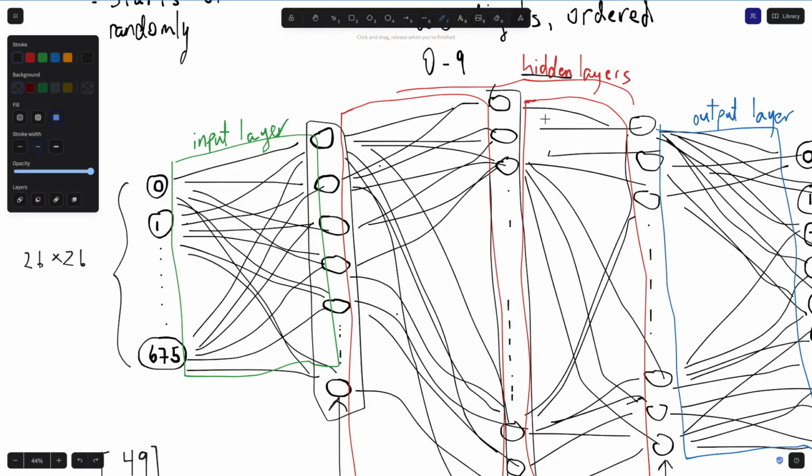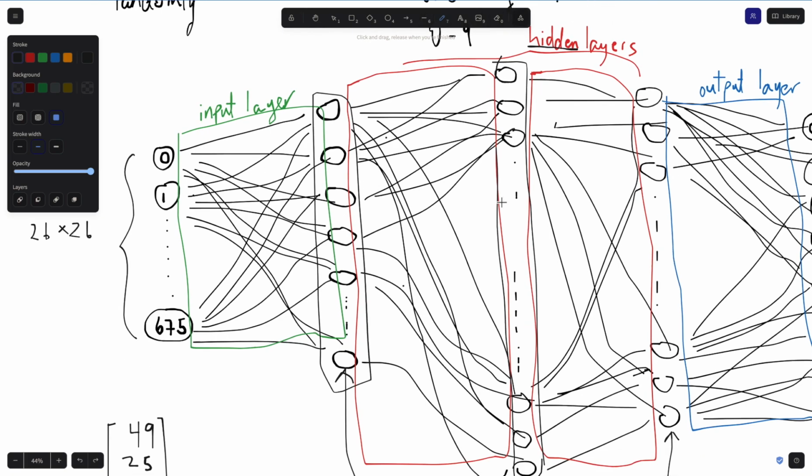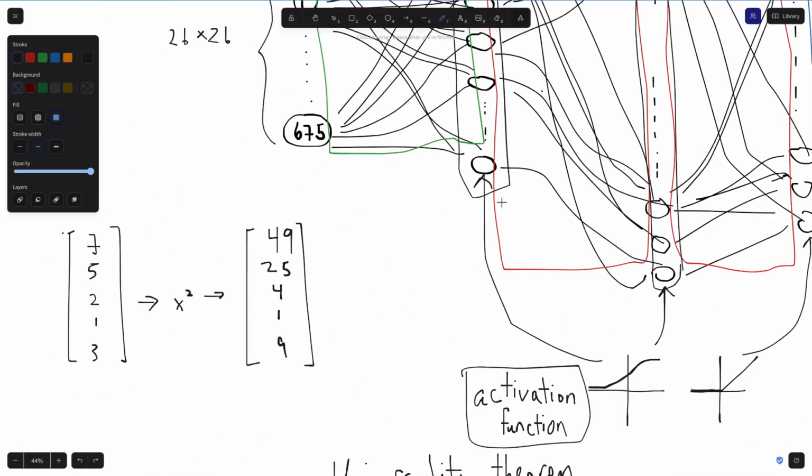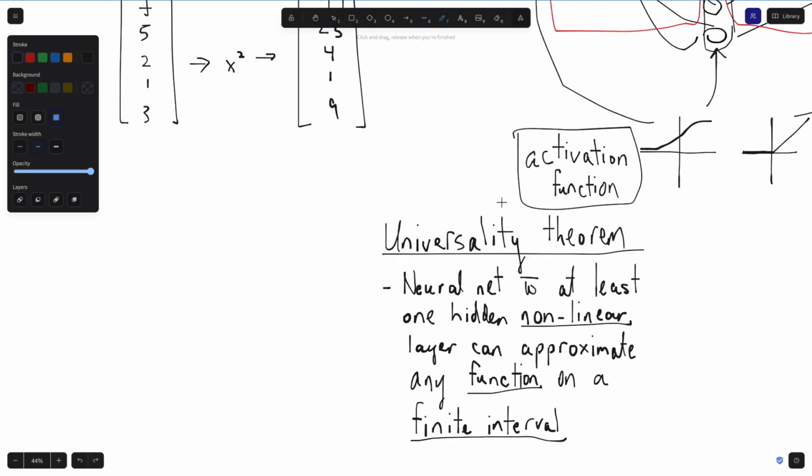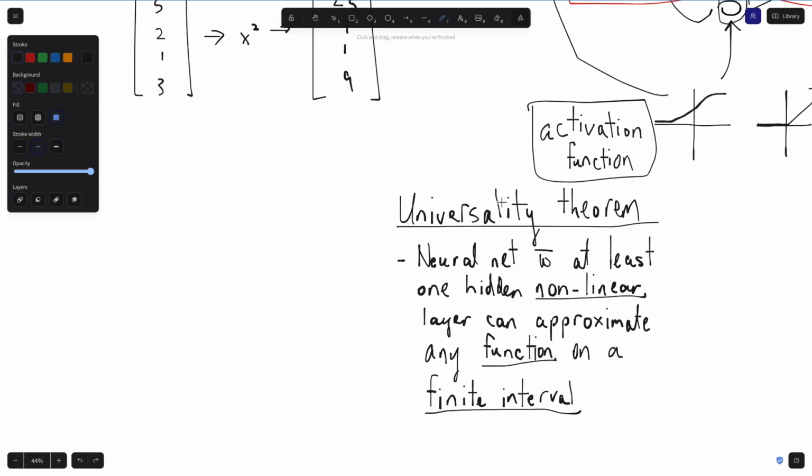But the reason why we need these hidden layers is due to a mathematical theorem, which I'm going to just lay out and not prove. You just take it as a fact unless you want to do some further research.